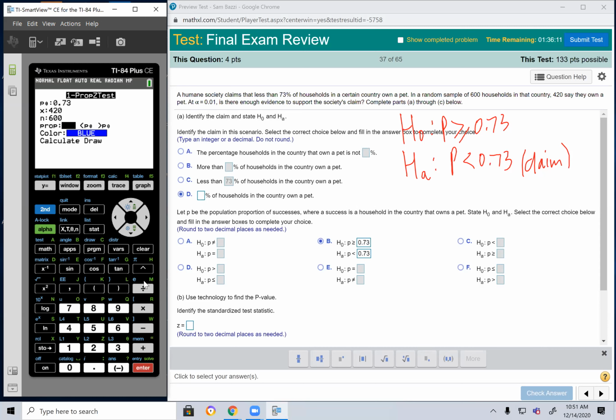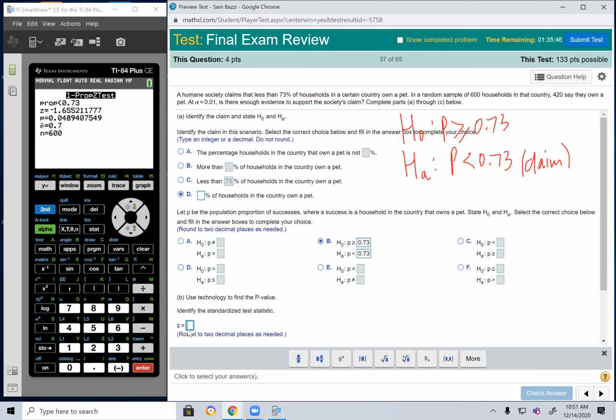And we'll test what's the alternative, less than. Calculate. All right, let's input some values there.